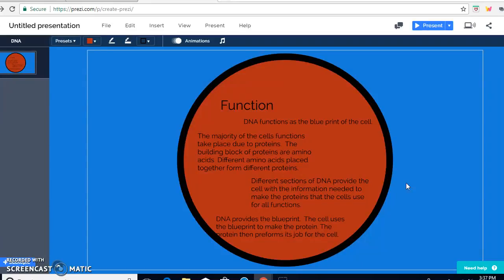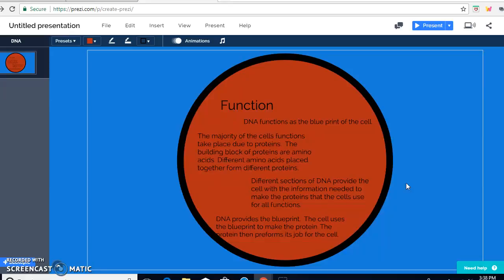So basically you have, say you're building a building, you would have a blueprint for that building, and the workers can look at that blueprint and know what goes where, what pieces to put together, how they go together, and things like that. In the same way, in the cell, you have your blueprint, which has all the particular types of proteins that you can produce. So it will go to a certain section of that DNA and it will pull out that particular bit of information and use it to make a certain type of protein.